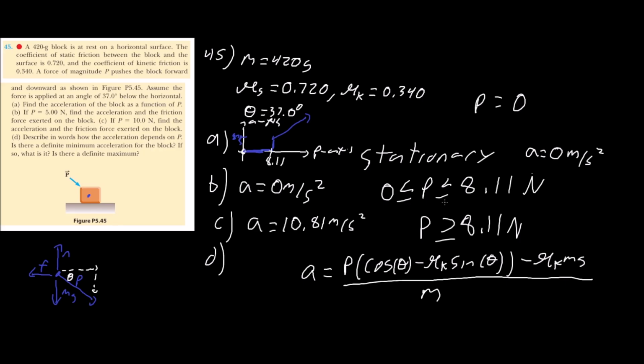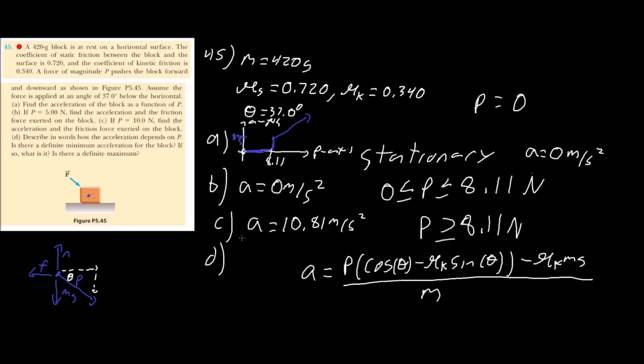Once you overcome the maximum value of static friction, the block is in motion and you're going to have kinetic friction in there. So you're going to use a different coefficient, and you're going to have this equation once you set up Newton's laws of motion.